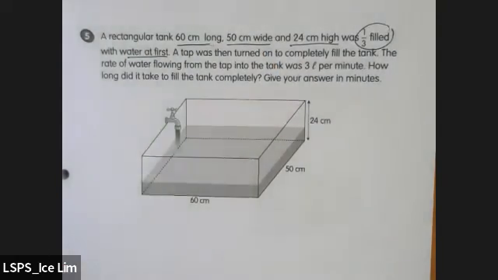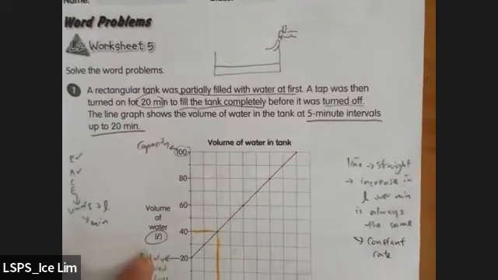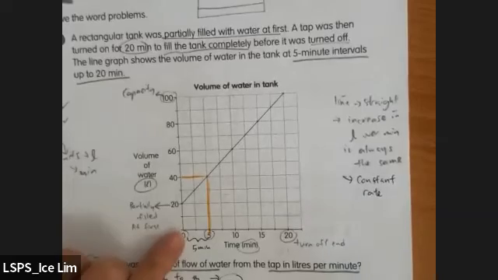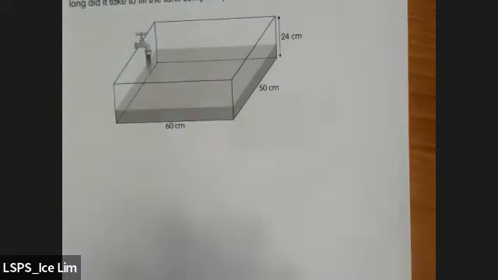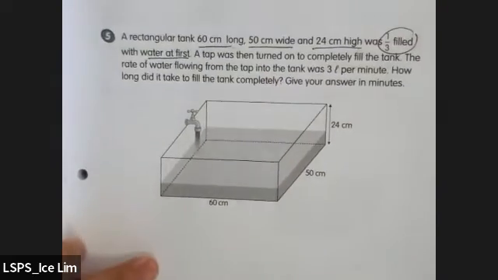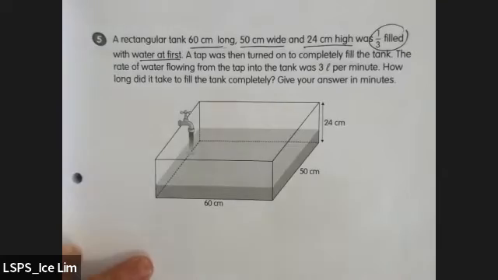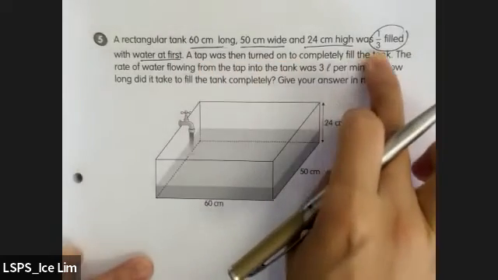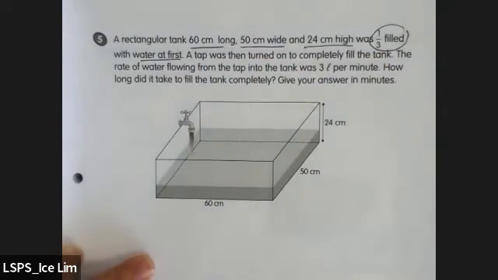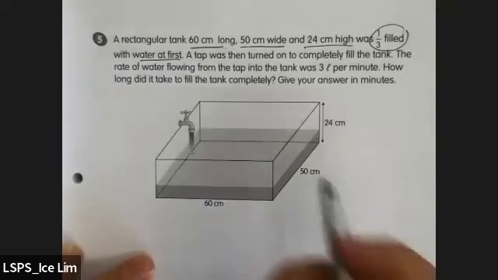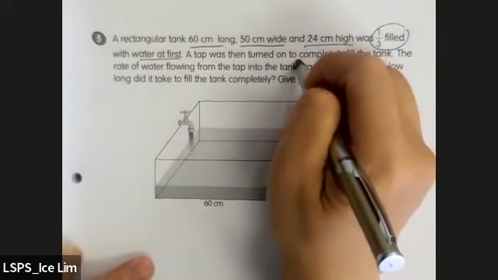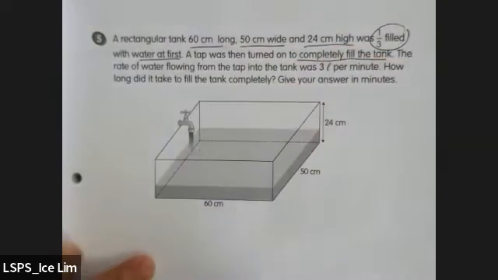So this question reminds you of this one, right? At first there's already some water in it. Then a tap was turned on completely to fill the tank. Doesn't it sound just like the first question? Yeah, but there's no line graph. It was turned on to completely fill the tank.